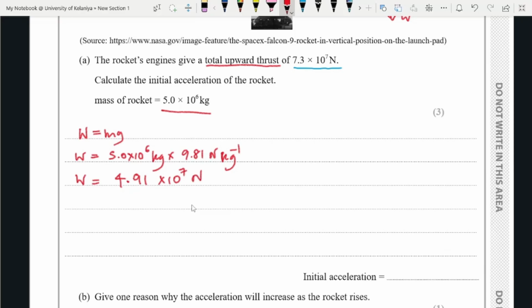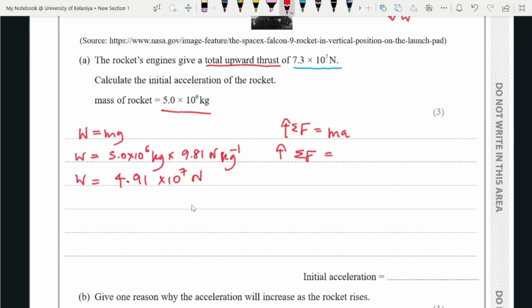Then we can apply what? F equals ma, right? This is the direction of the acceleration. So F equals ma, and F should be the vector sum of the forces acting on the rocket, the resultant. Then we will get the resultant, right?